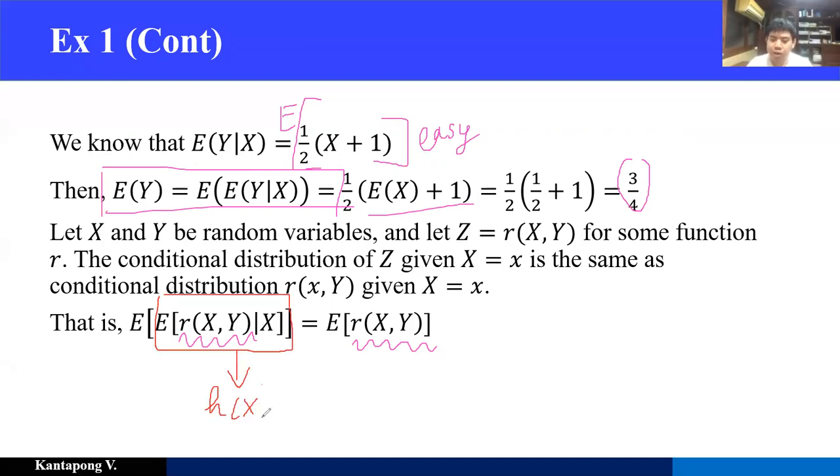It doesn't matter what the y is, because if you look at the last slide, we didn't mention y. We can replace y by r of X, Y, because here it is a function of x. But if we combine it with the other expression, it's going to be a constant. That is, we take the expectation of r of X, Y, and the right-hand side is the constant.